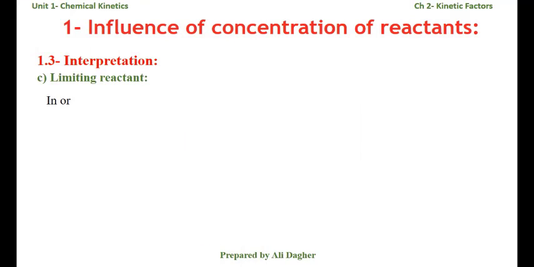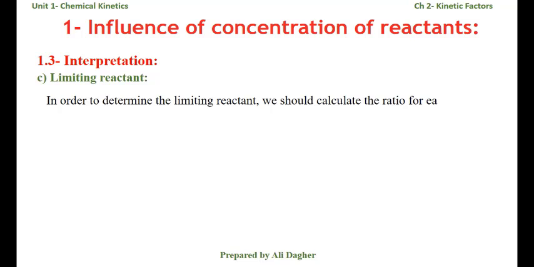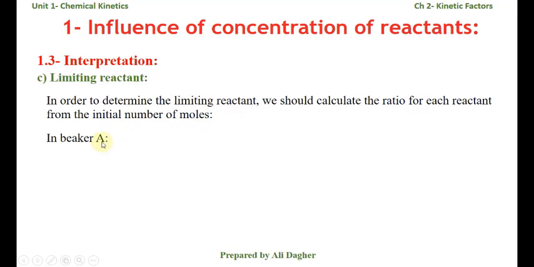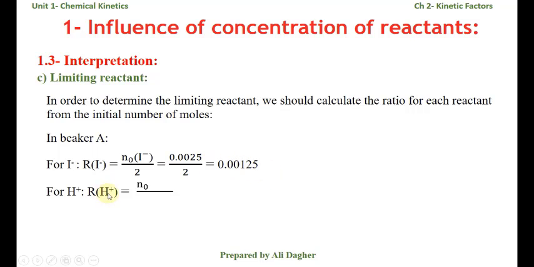Now, limiting reactant. In order to determine the limiting reactant, we should calculate the ratio for each reactant from the initial number of moles calculated in part 1. In beaker A, for I-, the ratio equals N0(I-) over its stoichiometric coefficient 2, which equals 0.00125. For H+, the ratio equals N0(H+) over 2, equals 0.02 over 2, equals 0.01.